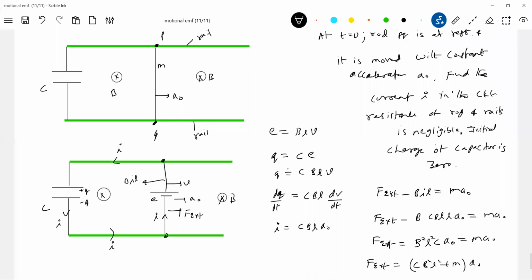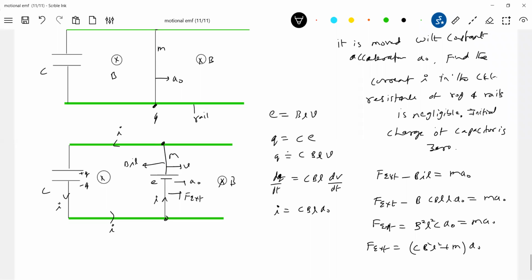Now let's talk about the energy conversion. What about all the power generated by the external agent? What will happen to it? A part is used to increase the kinetic energy of the rod, and the remaining part is used to increase the potential across the capacitor. You see what this circuit is? It converts a part of the mechanical power into electrostatic energy, and the remaining is utilized to increase the kinetic energy of the rod.